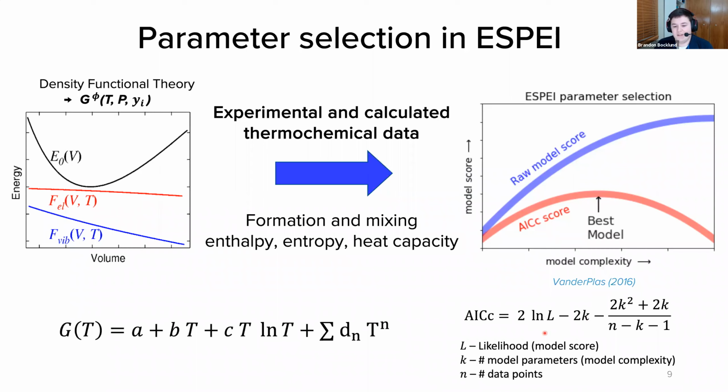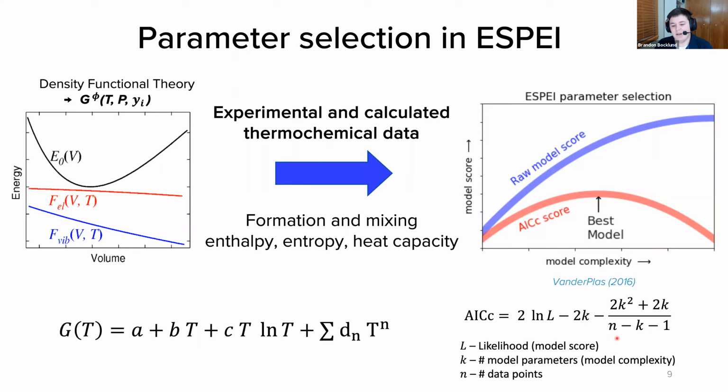These first two terms here are just the Akaike information criterion. And then the additional corrected version we use is just this additional term here, where there's an additional penalty now for having a low number of data points, because as I mentioned, and as many of us know, we cannot collect infinitely many experiments, although we can with calculations.